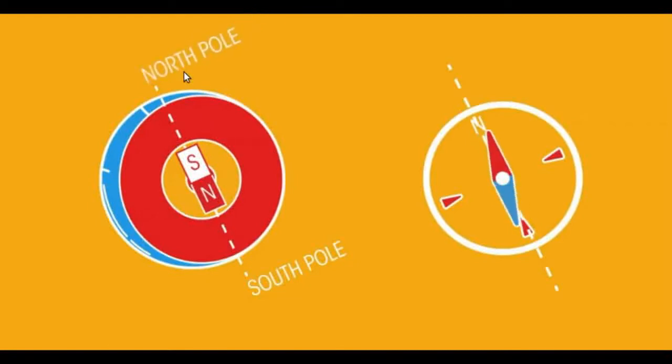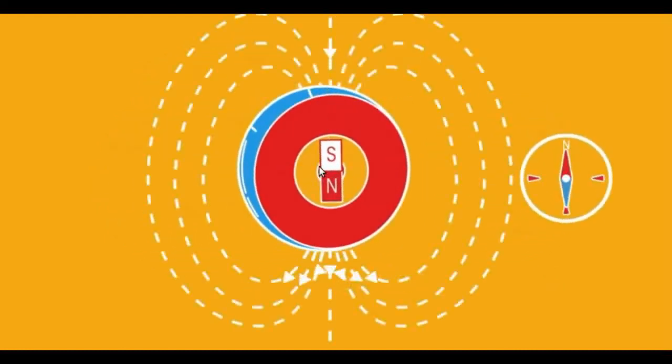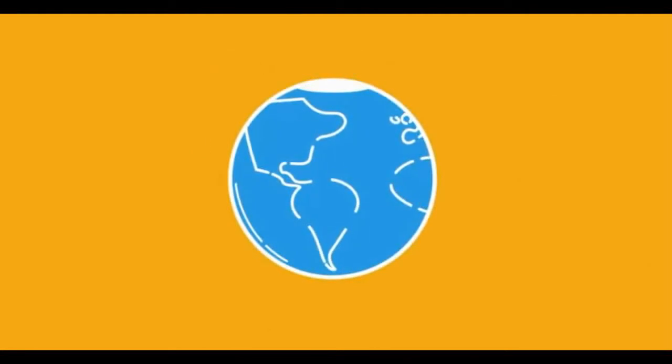So for us, this is the north pole, such that inside the Earth there is a hypothetical bar magnet with a south pole in the upward direction. So this is how the magnetic field lines are present around the surface of Earth.